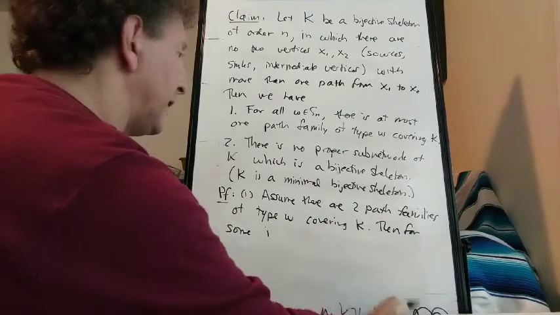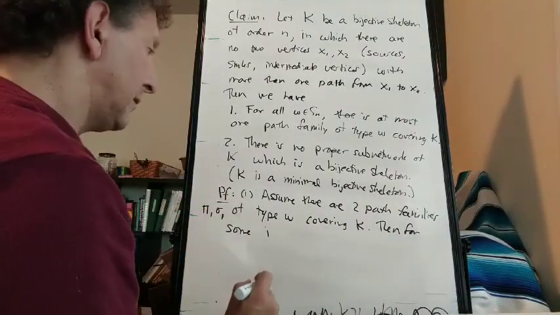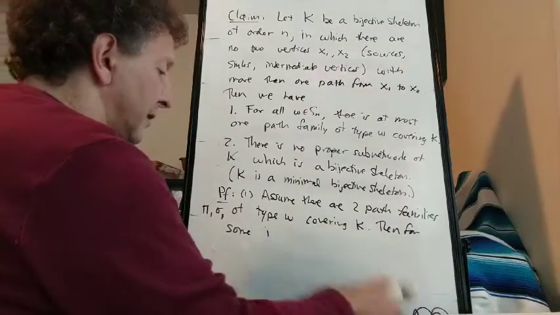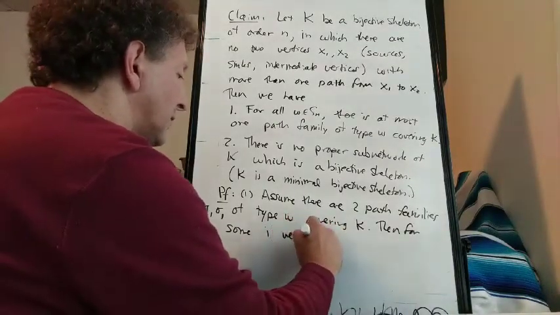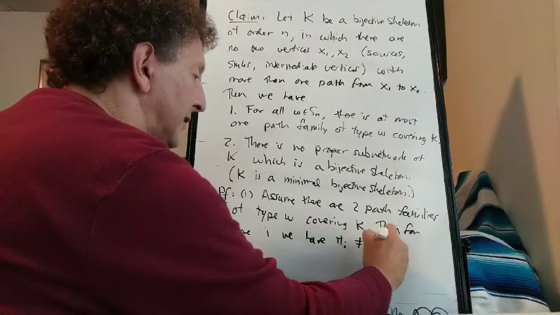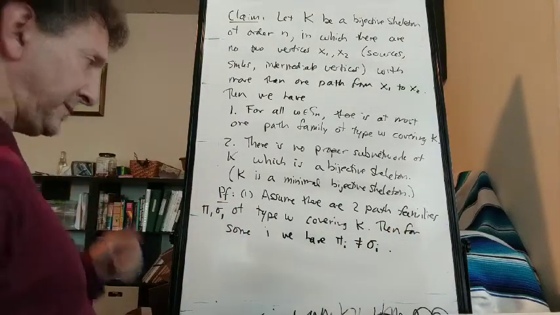Let's call the two path families pi and sigma. That means that for some i, the i-th path of pi is not the same as the i-th path of sigma. Otherwise they'd be the same path family.